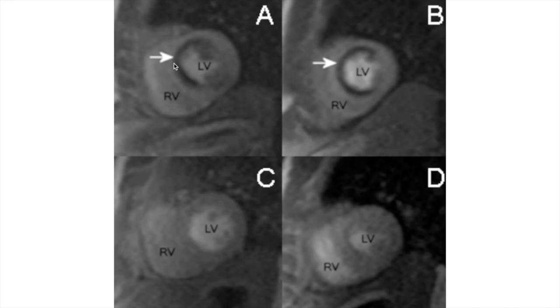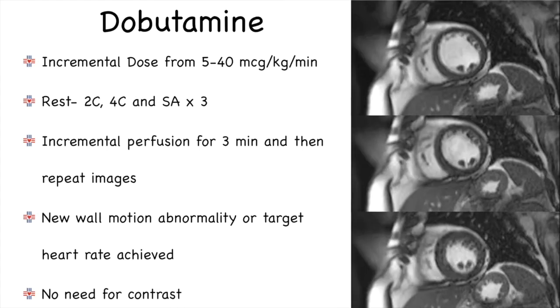in keeping with ischemia. Another method of assessing ischemia is by looking at inducible wall motion abnormality. This is done with dobutamine, where incremental dose of dobutamine starting from 5 microgram per kilogram per minute is increased up till 40 microgram per kilogram per minute, or to a point where target heart rate is achieved or a new wall motion abnormality is induced.